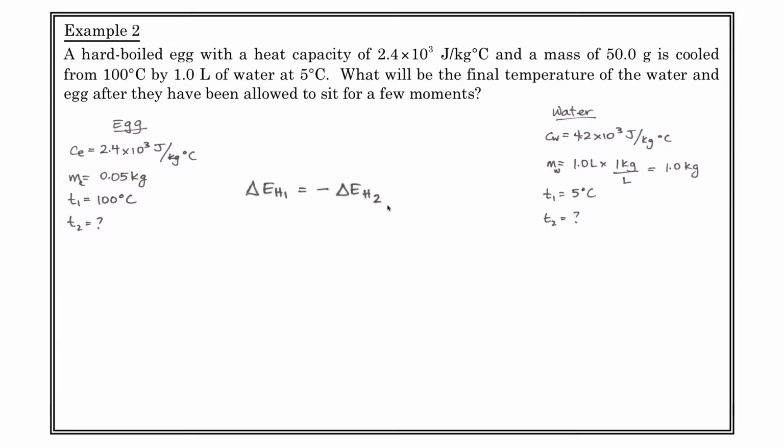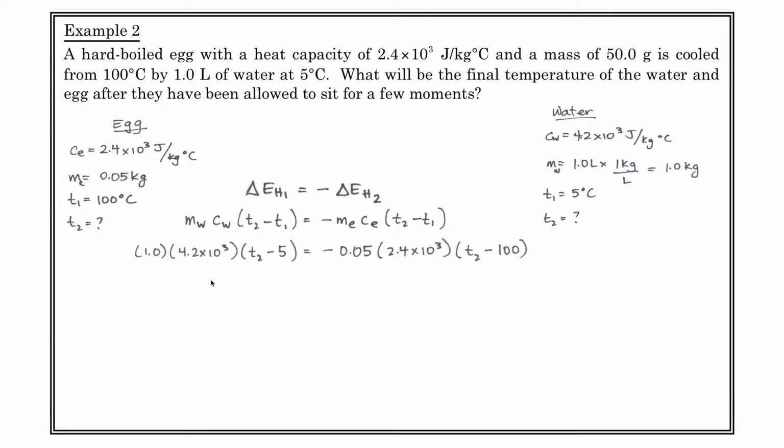So here again we start with our conservation of energy. The egg is the one that is losing energy, so it's going to be over here. The water is gaining energy. So we bring the water over here, we bring the egg over here, and you can see I've used subscripts to differentiate between the two. And so here we have all of our values substituted in.